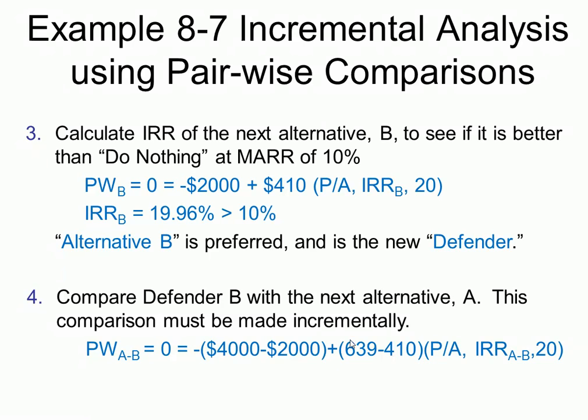And of course, the annual benefits need to be discounted to present from the annual uniform series to the present by multiplying by the discount factor.